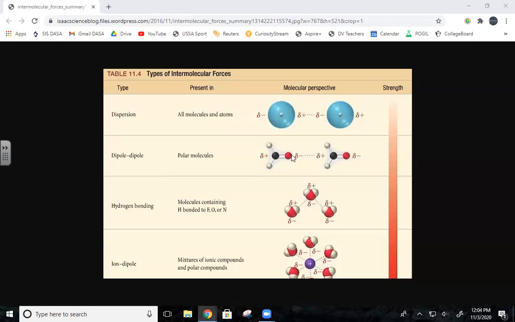What am I thinking here? This oxygen is attracted to these hydrogens, okay? But this carbon is creating a dipole here, right? But the pole in between these two is not as strong as it is between these two.